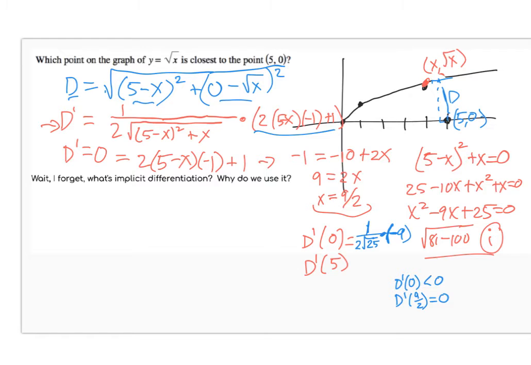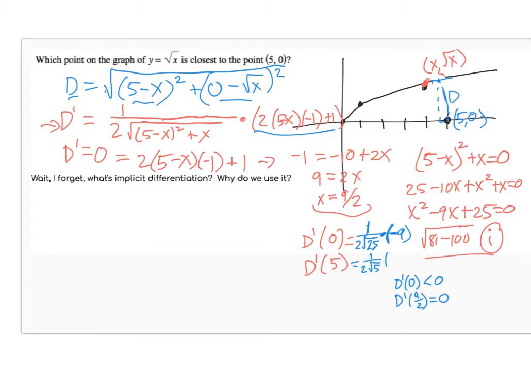and now we're going to try 5 to see what happens. So again, for the first part, we're going to end up with 1 over 2 times the square root. When I plug 5 in, I'm going to get 0 and then plus 5. That's a positive number.